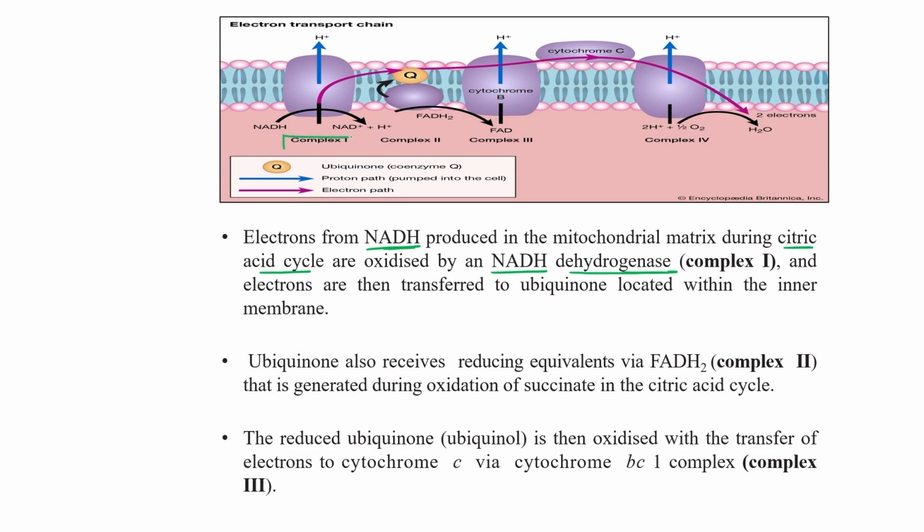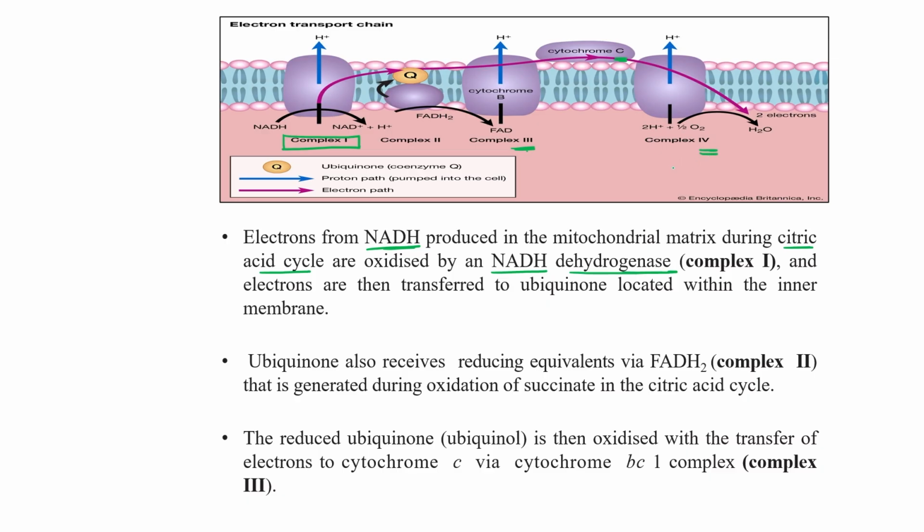Here NADH is converted to NAD and electrons, and these electrons then pass through ubiquinone to the second complex, to the third complex, to the mobile carrier cytochrome, and to the final complex 4.